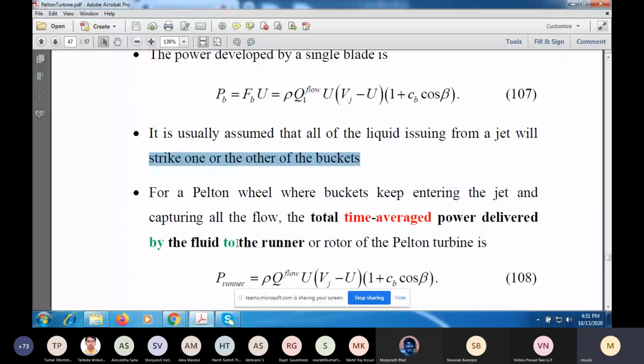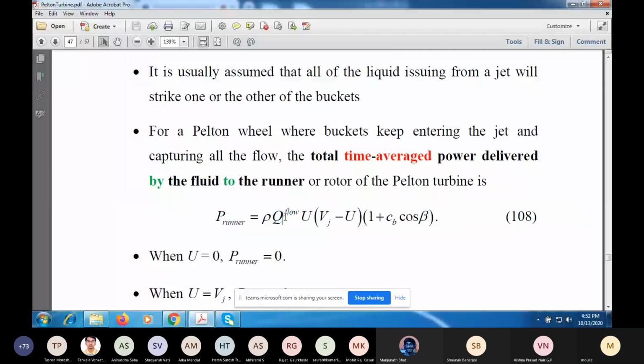If the buckets keep entering and going out of the jet, and all of the flow is captured by one or other of the buckets, then the time average power delivered by the fluid to the rotor of the turbine, which is usually called the runner, will be given by an expression similar to 107, but in place of Q1, you will have the total flow Q.